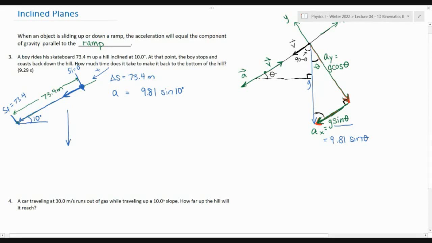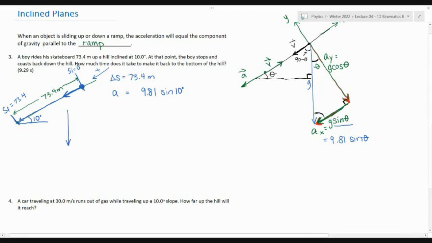The next thing is because the only force that's acting on the object, this boy on his skateboard, that's making him go down the hill is the force of gravity, then acceleration is just due to gravity. But because the object is not moving in the direction of gravity, so it's not just moving up and down, it's moving along the ramp, we need to find the component of the acceleration that's parallel to the ramp. So the component that's parallel to the direction he's actually moving.